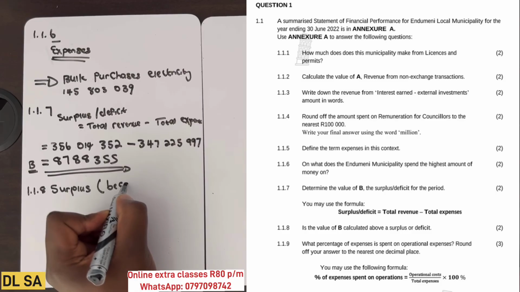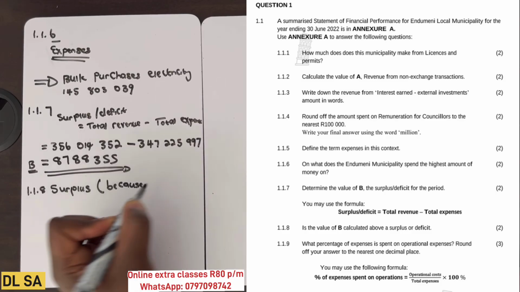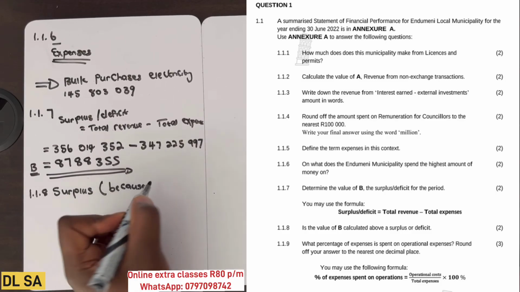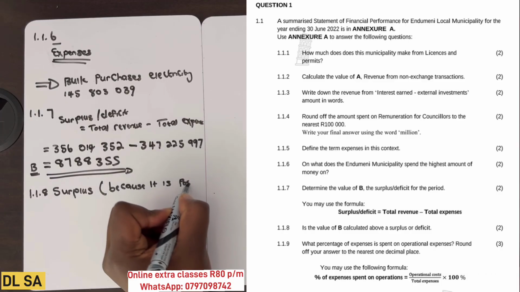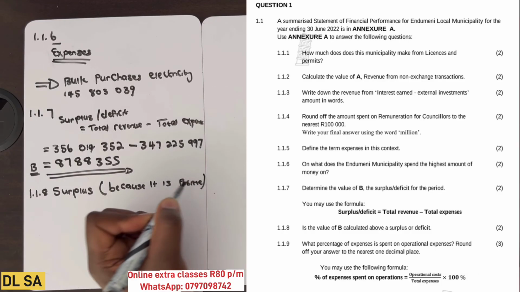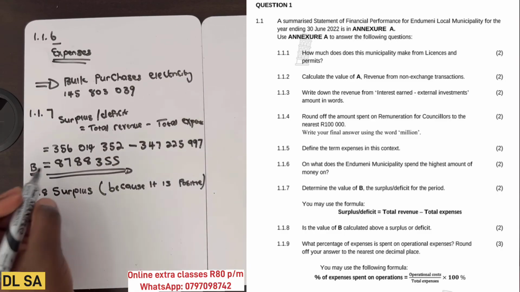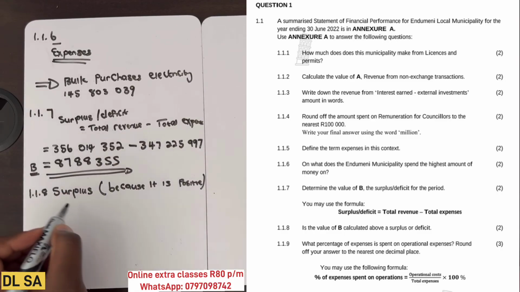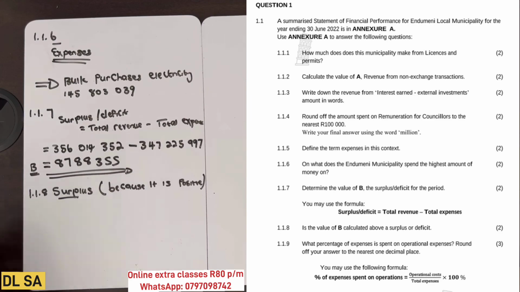And if this value was negative, then it would have been a deficit. So now let's move to question 1.1.9.